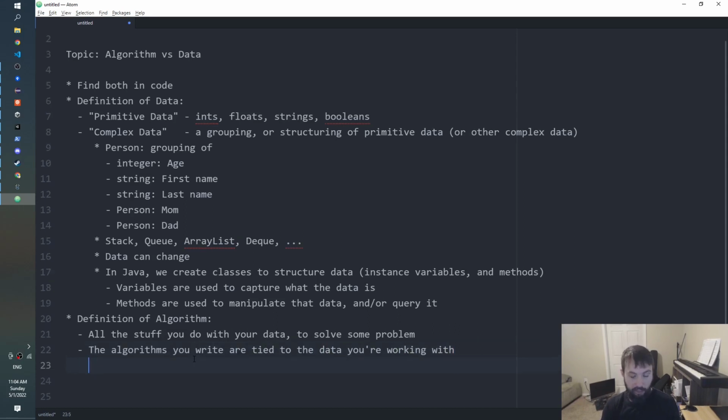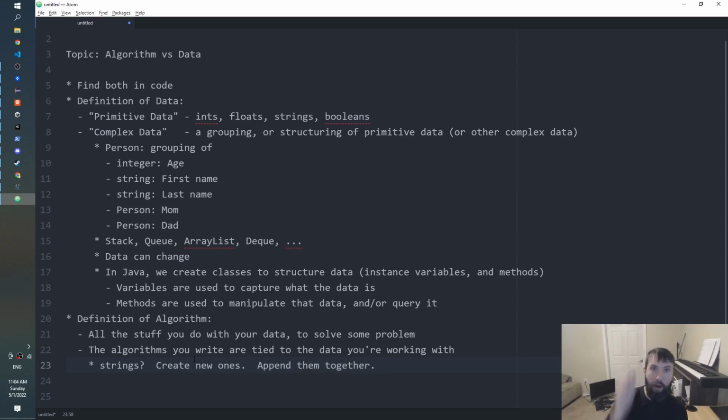Some examples might be, let's say we're working with strings. You've worked with strings. You probably worked with them in Java 1 somewhat extensively. And if you've been doing problems on Code Wars, then you've definitely seen some strings. There's a lot of string problems out there. But given a string, there's various things in Java you can do with them. You can create new ones. You can append 2 strings together.